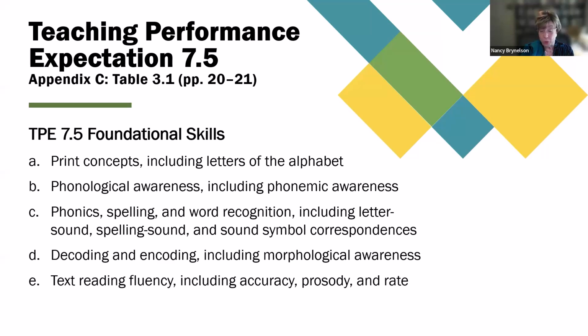Decoding and encoding, which we spent a bit of time on talking about, including morphological awareness, word parts, etc., and how it is that students really are not only learning to decode the words that they see in print, but they're learning to encode those words and to write them and to spell them.